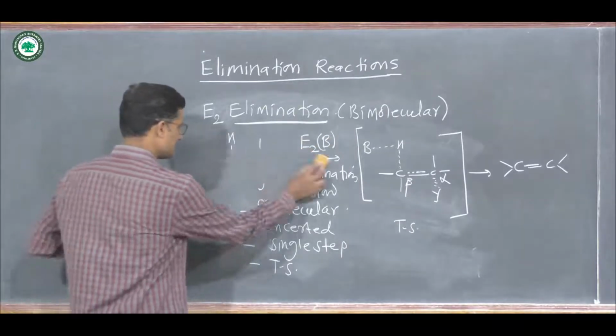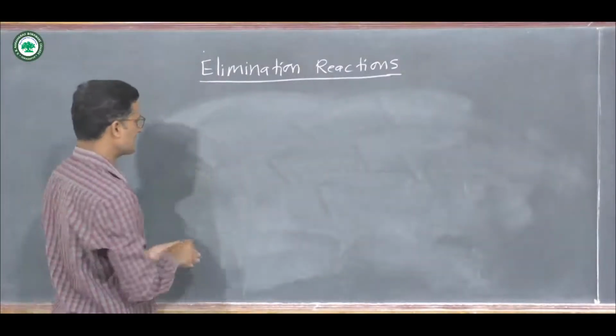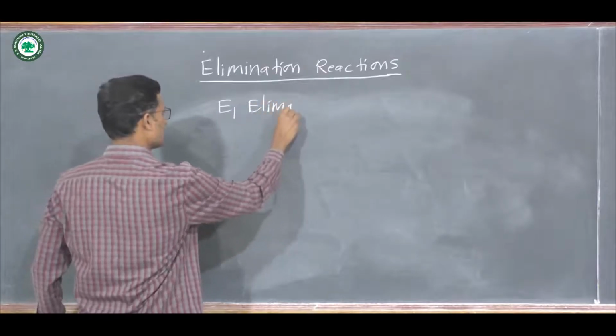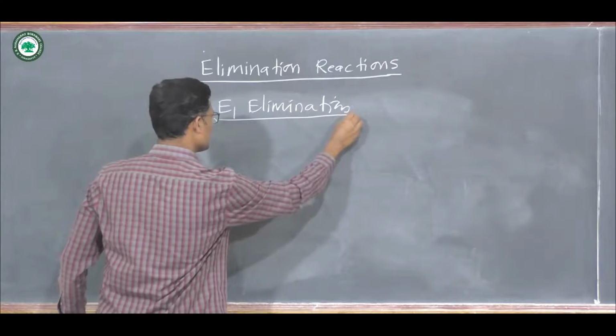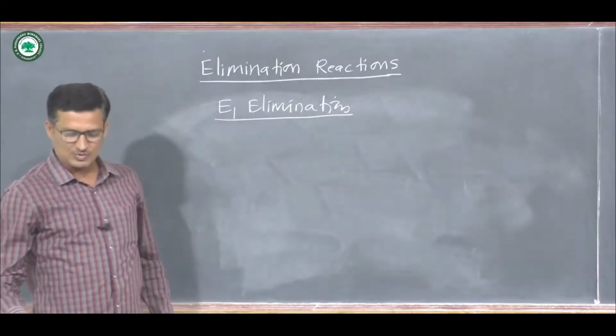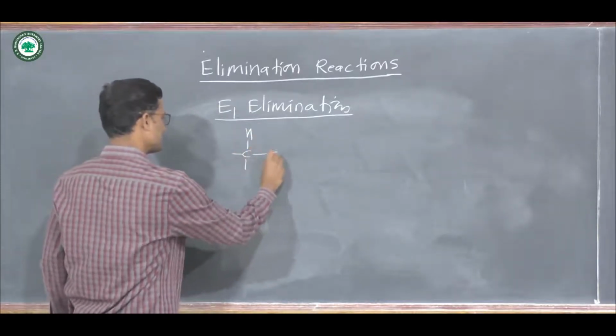Then you take the next type, which we call E1 elimination. These reactions we call unimolecular reactions, meaning the rate of reaction depends on only a single molecule, the reactant.